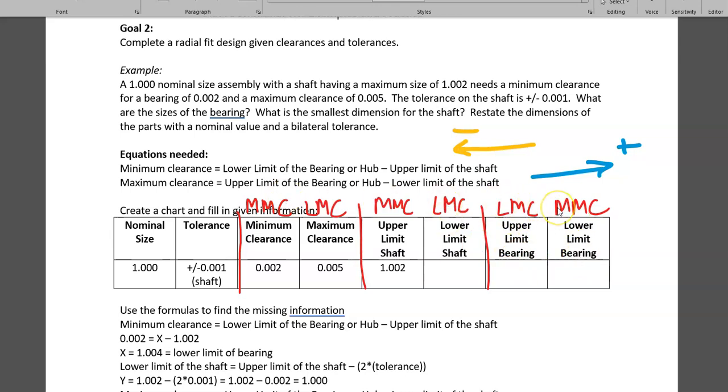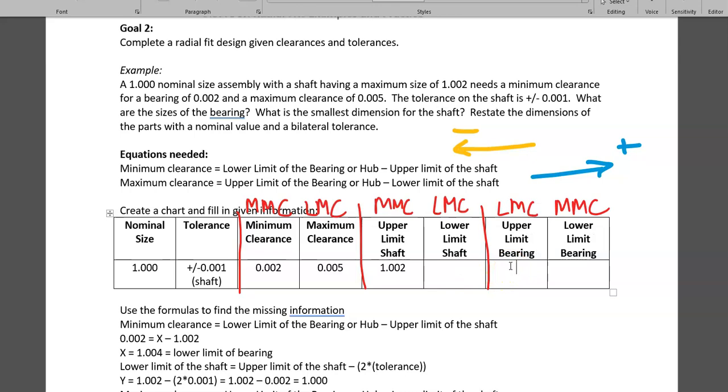Now, one thing I do want to make sure I note to you all is that my MMC columns will work together. So if I take a look at this column here, whatever I put into this column, they're all going to be connected. So that's where my subtraction problem is, or my addition problem. My LMC numbers here are going to work with that column, and this column.